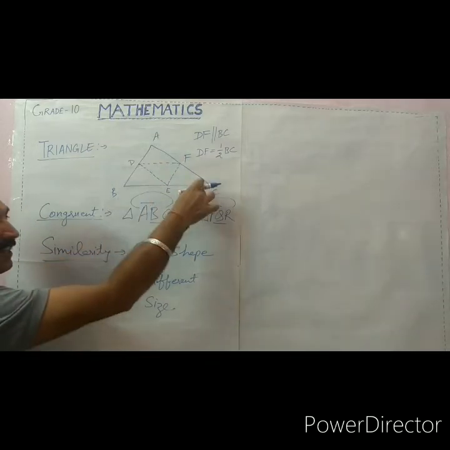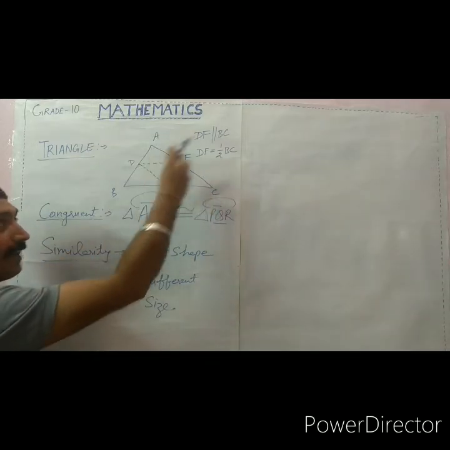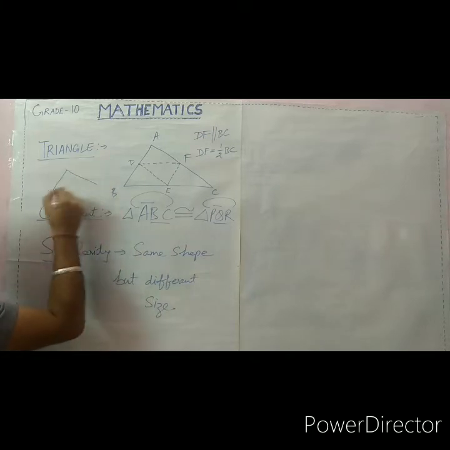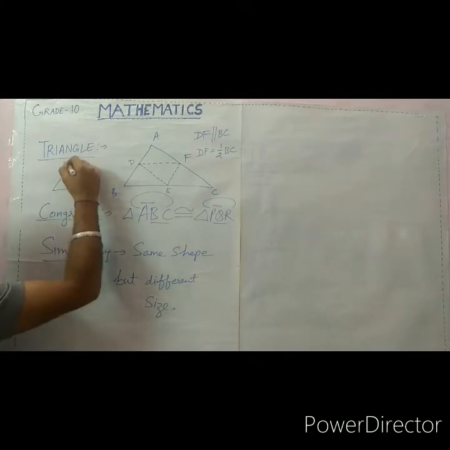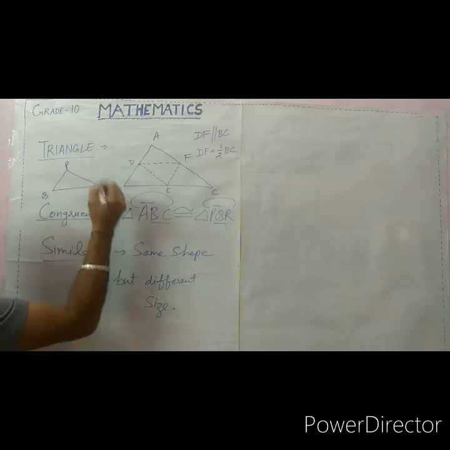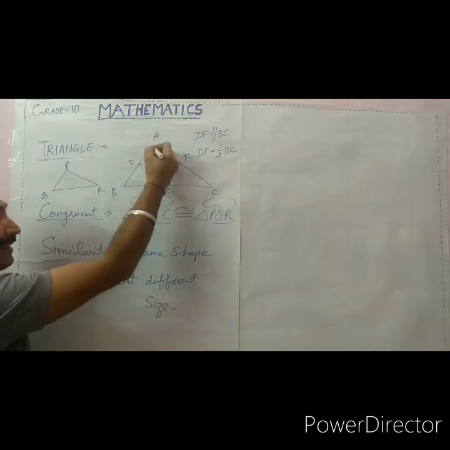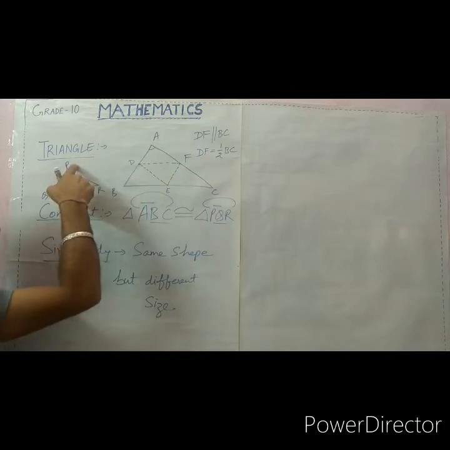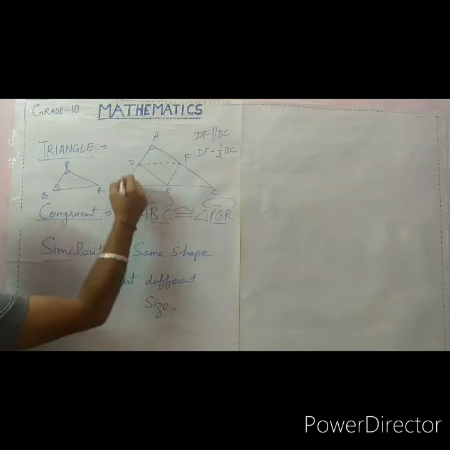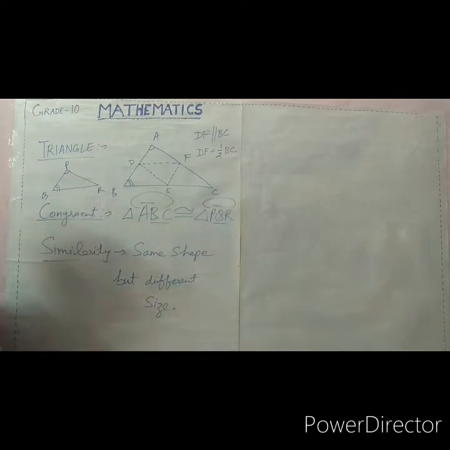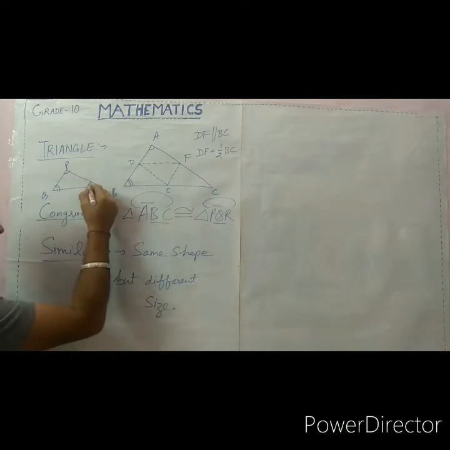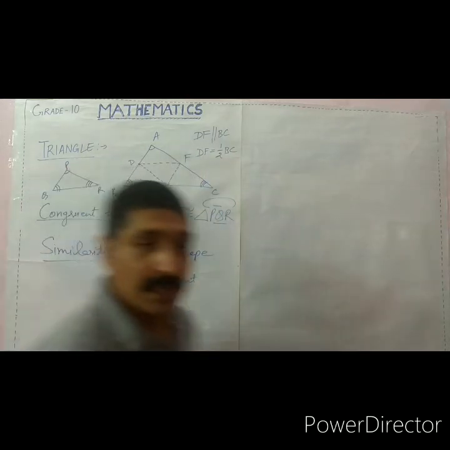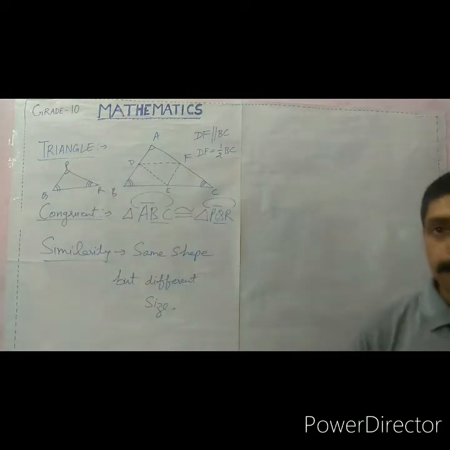If ABC is a triangle, and we have a triangle PQR in such a way that angle A is equal to angle P, angle B and angle Q are of the same measure, and the third angle C is also equal to the third angle R.